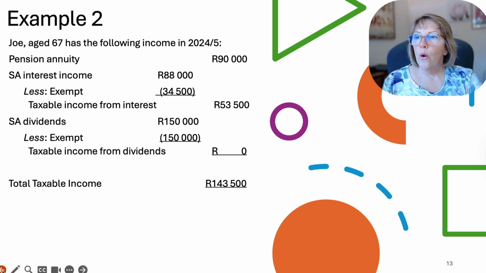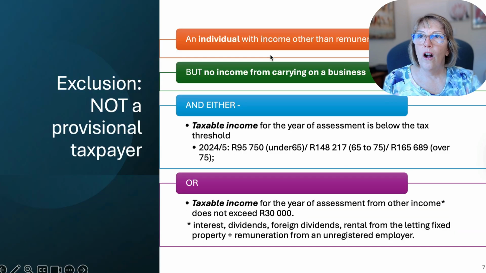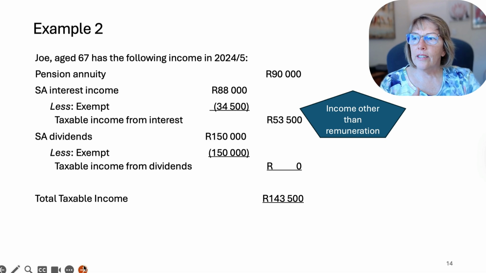Okay, now, remember that we have to say, does he earn income other than remuneration? Yes, he does. Is his taxable income above the threshold? Well, on this slide here, we said 65 to 75, the threshold is 148,217 taxable income. So his taxable income is below the tax threshold.